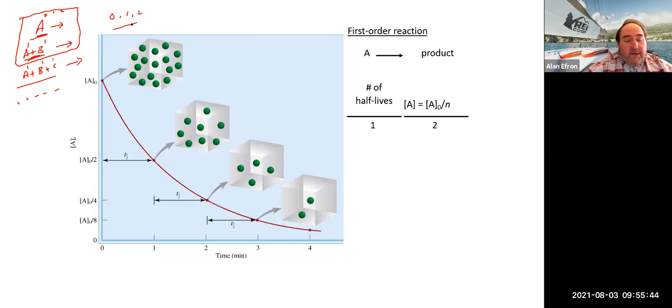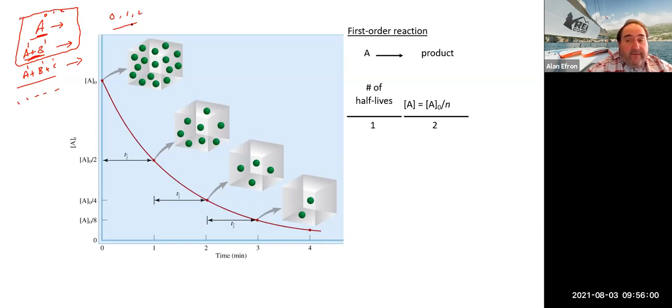So we've been focusing at the end of the last lecture on first order reactions, which you could get with one reactant, or with two reactants where one is first order and one is zero order, and so forth.